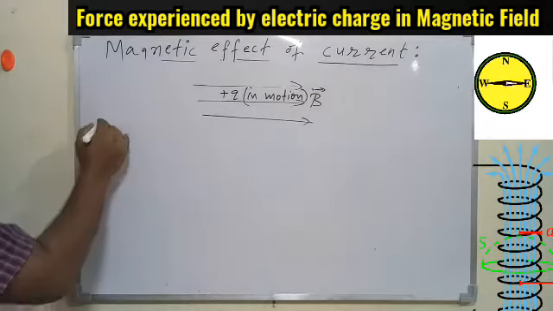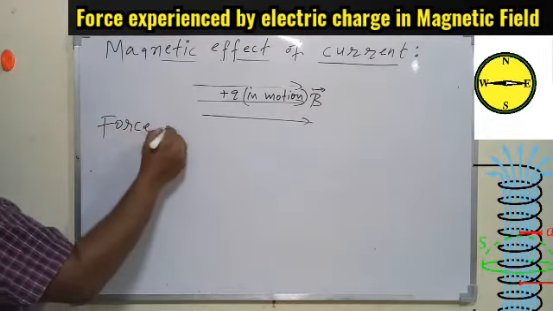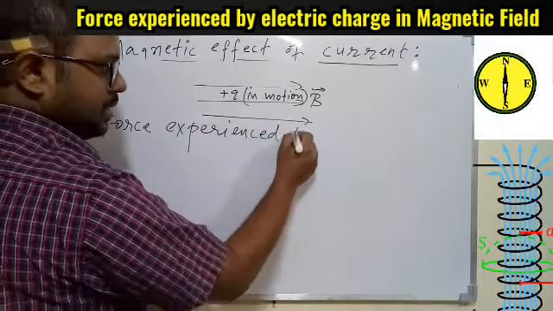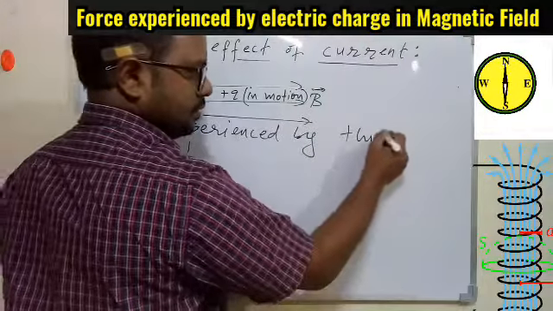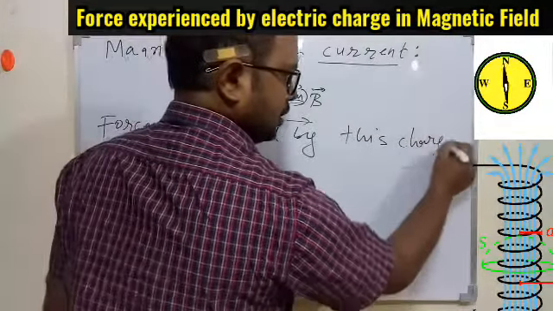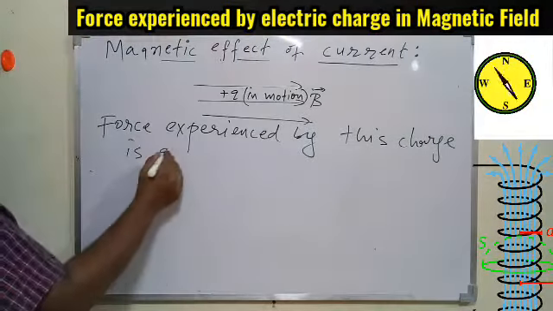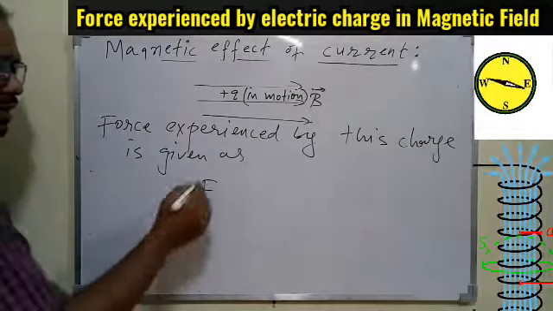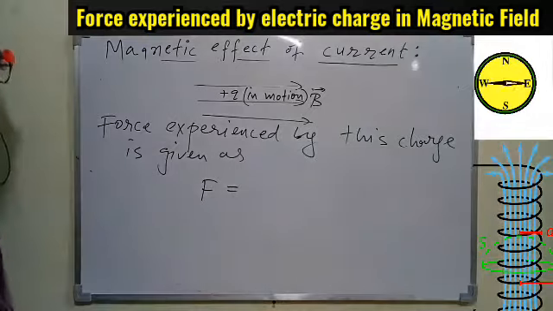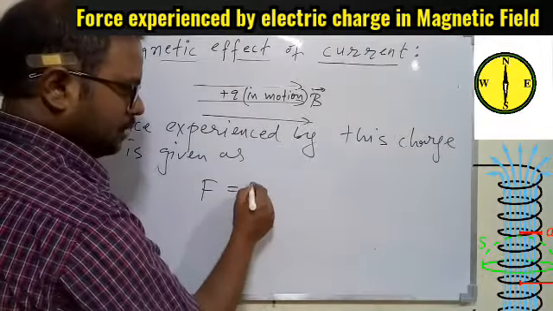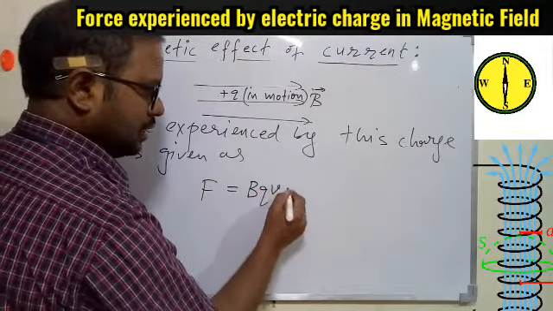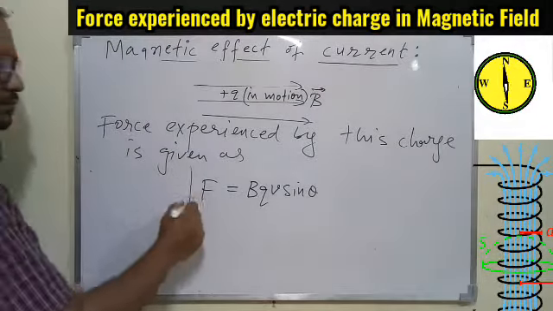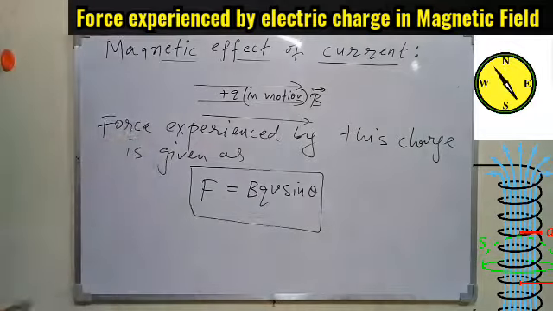So in general, the force experienced by this charge is given as F is equal to BQV sine theta. I'll explain the formula, not to worry.